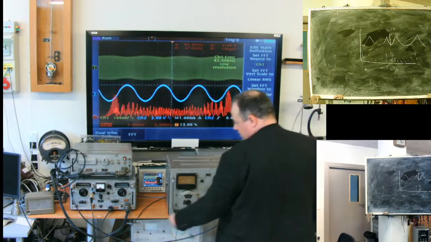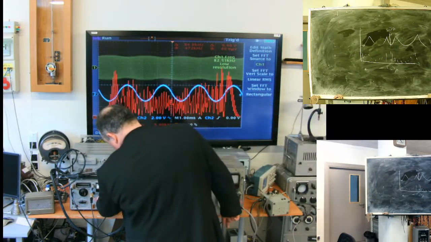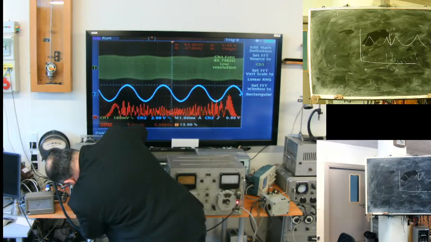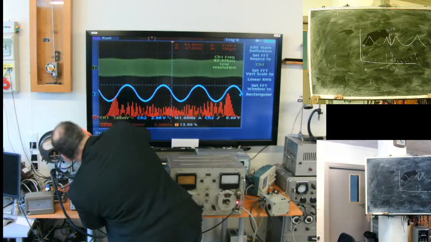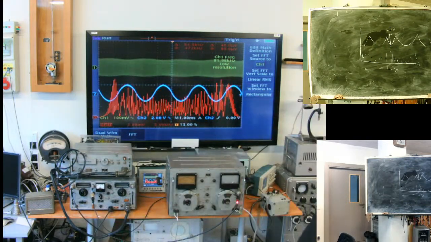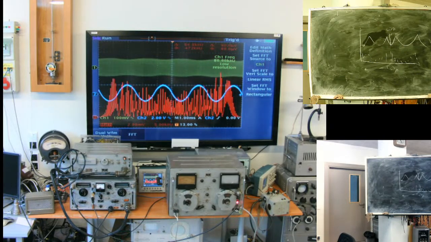Wide. The receiver allows me. Wait one second, please, I adjust. Some 300 kilohertz now.